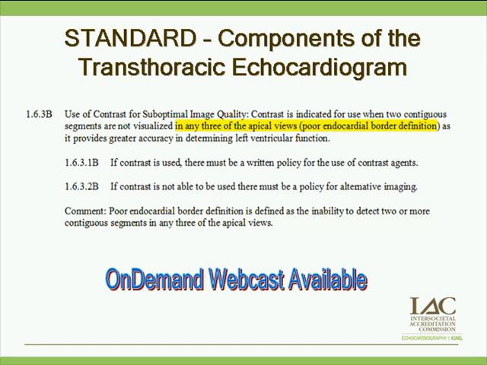It's really the nuts and bolts of using contrast, from who should start the IV to how you use contrast, the warnings and the safety concerns. I mean, they really did a wonderful job of hitting all the bases with use of contrast. So go ahead and take a few minutes. It's an excellent presentation to view this on-demand webcast.